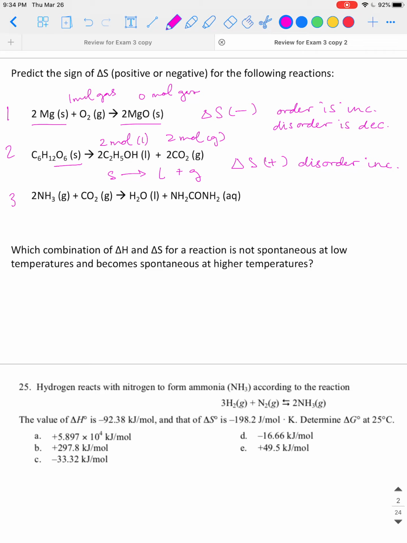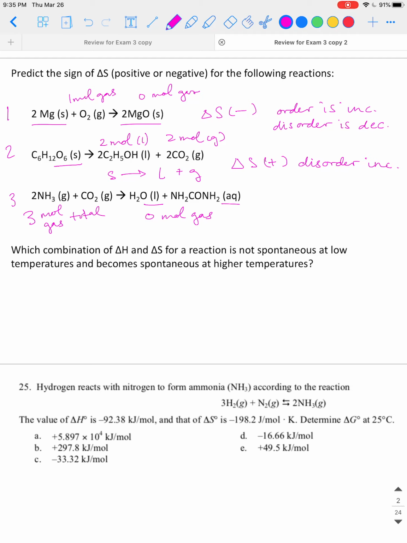Lastly, if we look at this number 3, we have 2 moles of gas, plus another mole of gas. So we actually total have 3 moles of gas total. On the product side, we have 0 moles of gas. We have all liquids and aqueous substances. So as you go from a gas to a liquid, you're becoming more ordered.